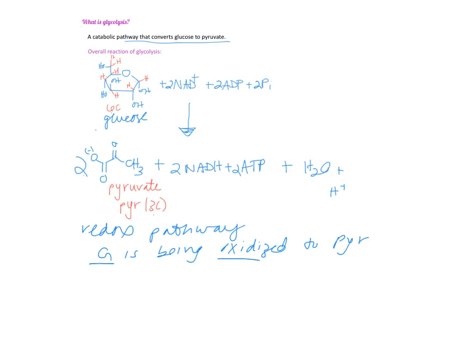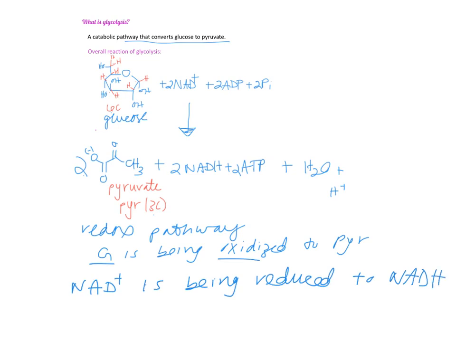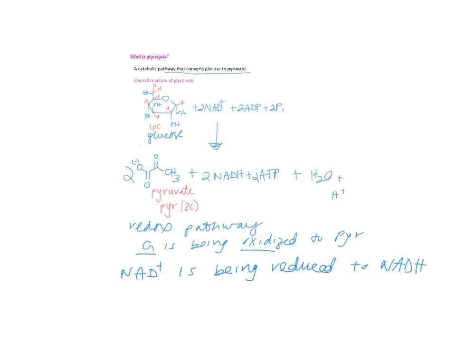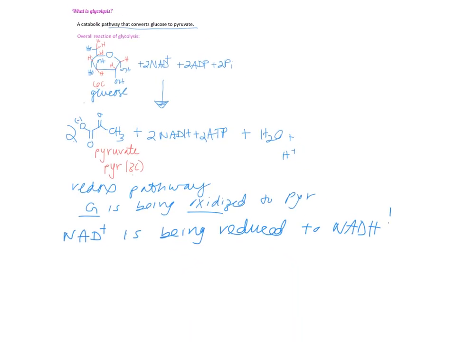So if glucose is being oxidized, something else must be being reduced. In this case, NAD+ is being reduced to NADH, which is a reduced electron carrier, which will carry electrons eventually to the electron transport chain, or ETC, so that we can get ATP via oxidative phosphorylation.